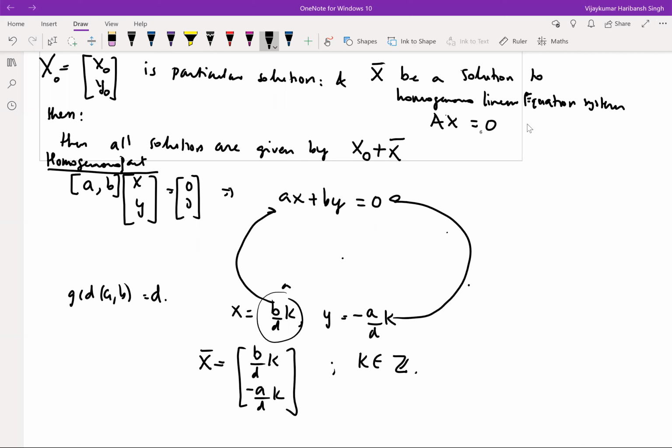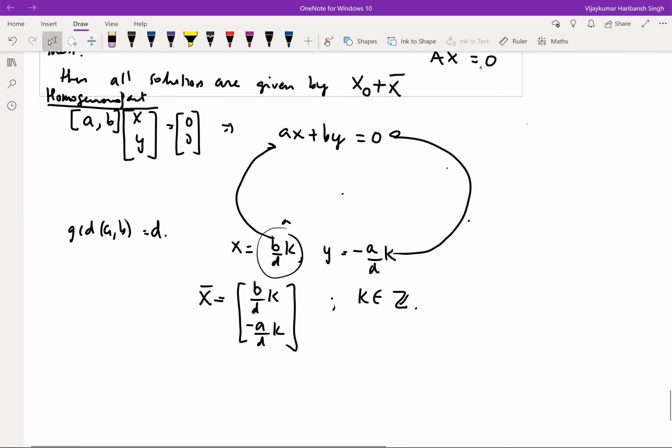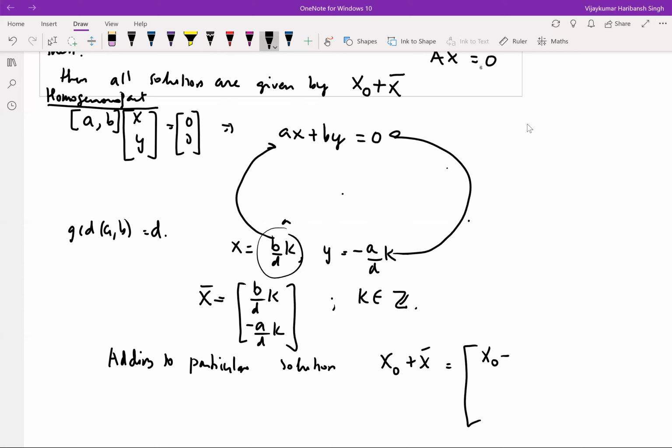These are the set of all homogeneous solutions, and then you add that to the particular solution. X naught plus X bar is going to be x naught plus b by d times k, and y naught minus a by d times k. You get all the solutions that way.